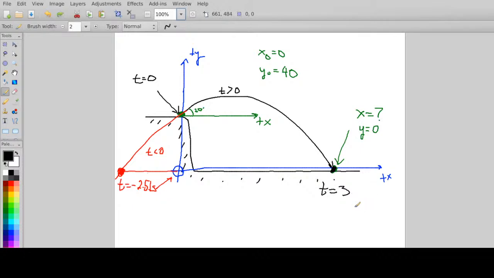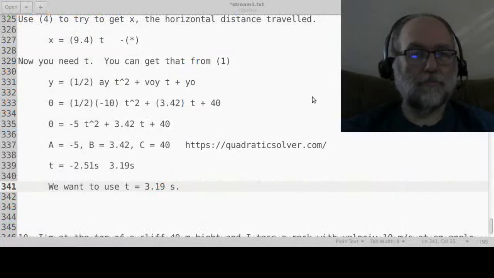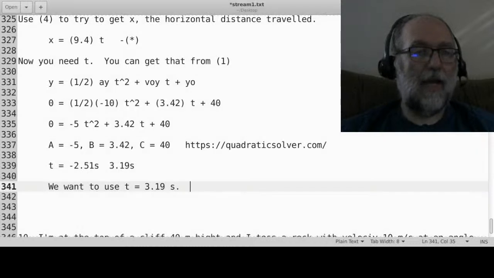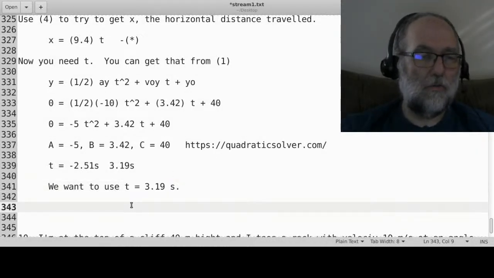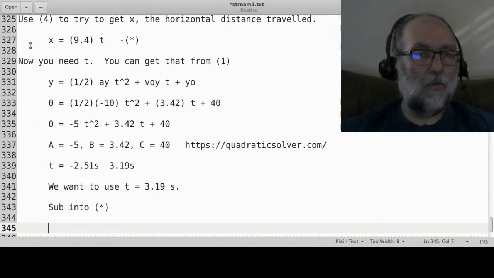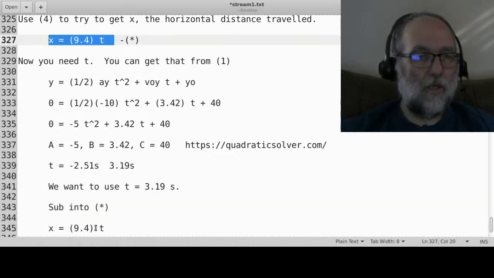Let me clean those up a bit, to keep my diagram from getting too messy. All right, cleaning up. There we go. Okay, let's switch back. So we're going to use that time. Now, why did we need the time? To substitute into equation star. And so we have this.